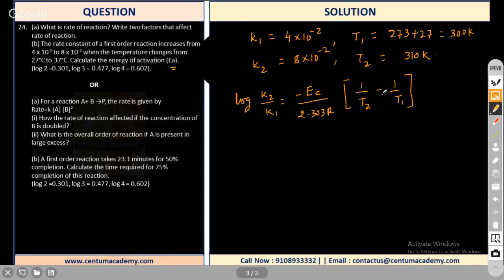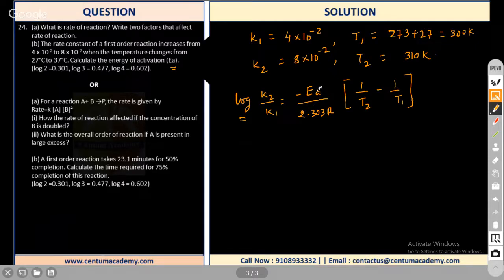That's why I have written 1 by T2 minus 1 by T1. So all these values you have to substitute here. Whenever you write log here we must have 2.303, right? You can take this R in calorie also, you'll get the same value. The unit will change. And whatever EA value you get here, write down the unit of that also. Important. Don't miss the unit.